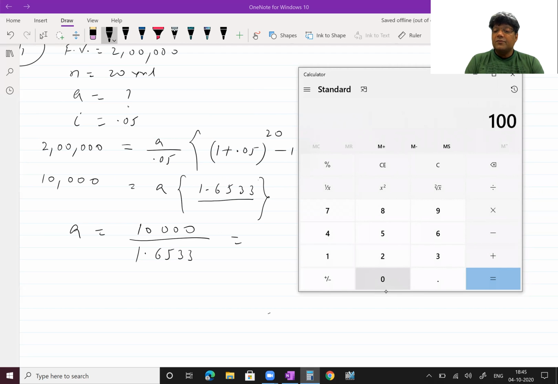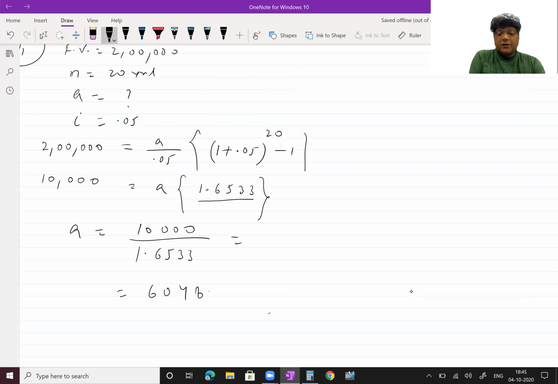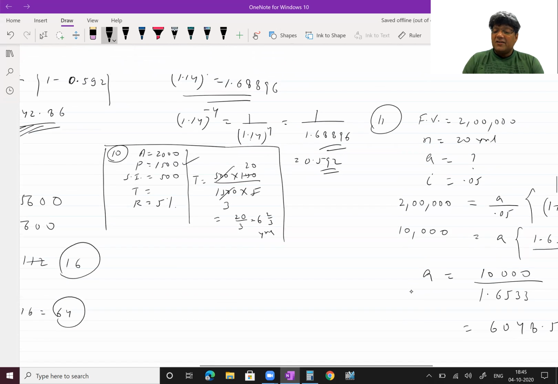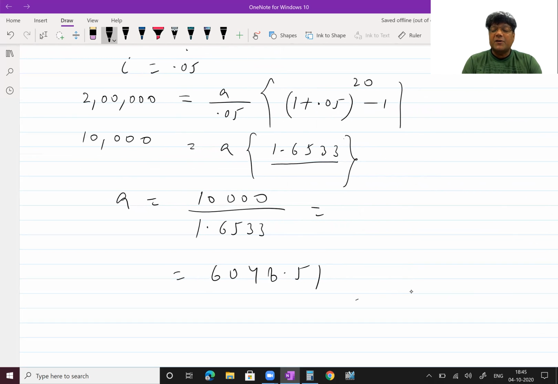So 10,000 divided by 1.6533 is equal to 6048.50. Actually, it is 6048.51. Or it will be coming closer also. It can be sometimes 6047 also, if I take only 3 values.